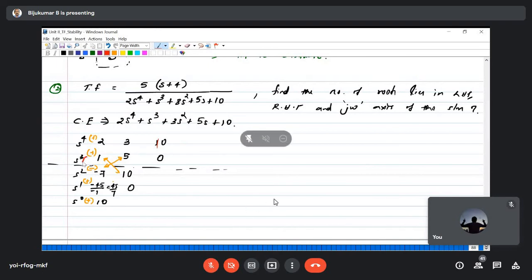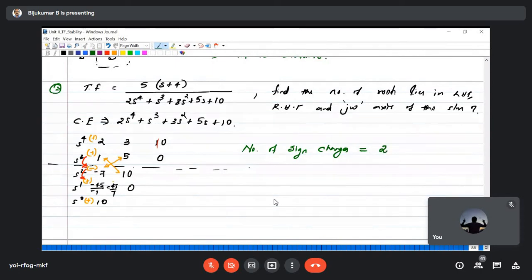One is minus to plus, and again minus to plus. So you can conclude the number of sign changes is equal to 2.